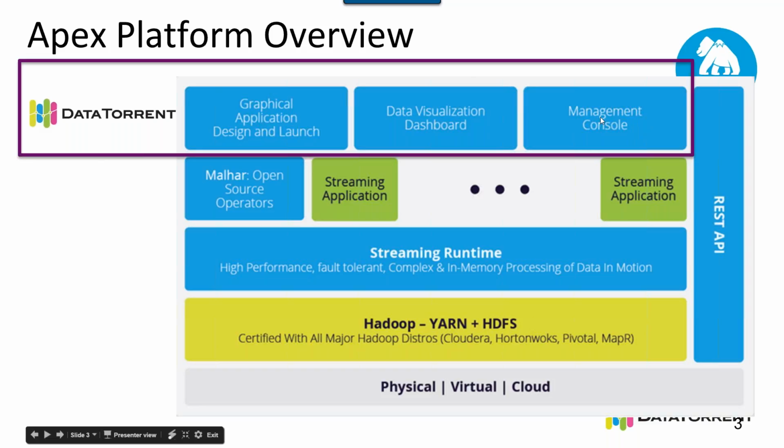So DataTorrent offers a community edition on top of Apache Apex, which is free to use for the community. Then there are a couple of other things like data visualization and a graphical way to design your applications. These are part of the enterprise offerings only, and still you can explore them in our free trial period.